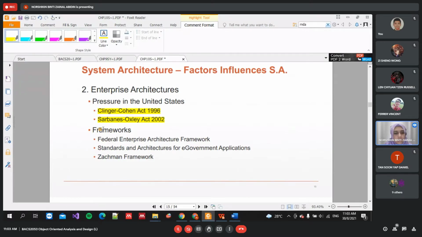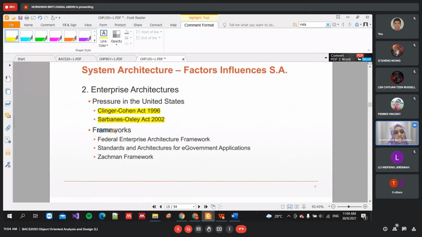And then framework. So what is framework? Framework is like a guide when we want to develop or design a system. Not only system, it can be a game. For example, if you want to develop a game, we have a framework. It is the guideline that we need to follow. For example, what is needed for a system to be called a system?